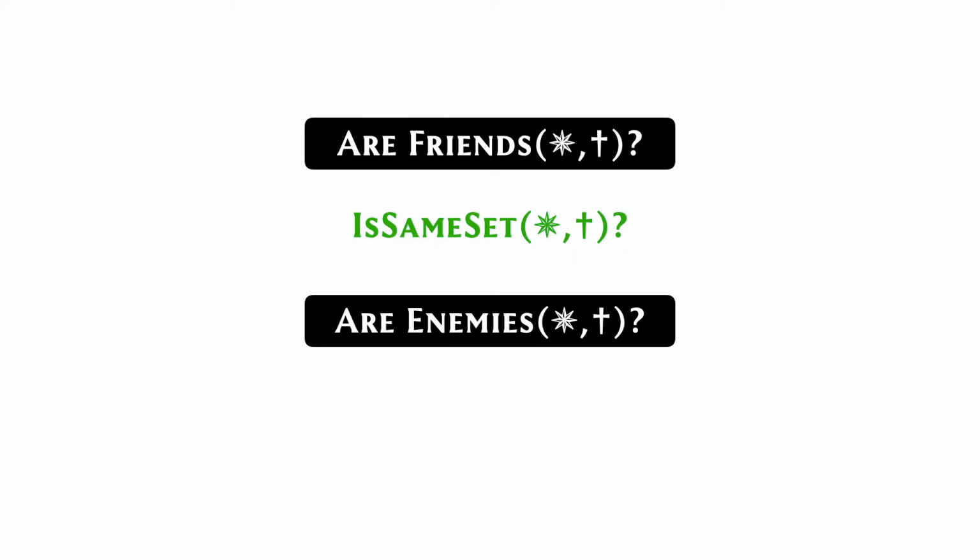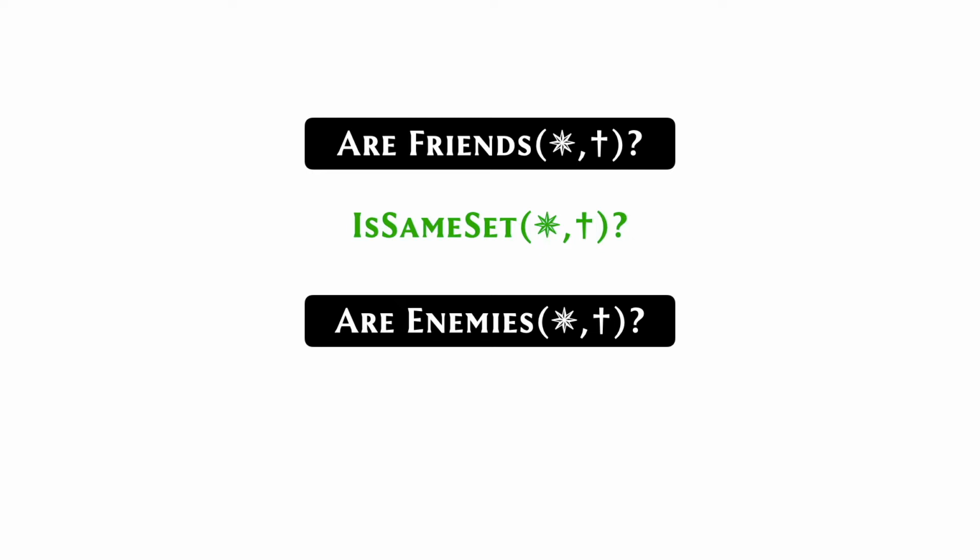For the are enemies query, it turns out that two people are enemies if and only if the leaders are enemies. So if the leader elements of your set are enemies, then of course by applying the rule which says that the enemy of a friend is an enemy, you can conclude that the two people who are involved are enemies as well.